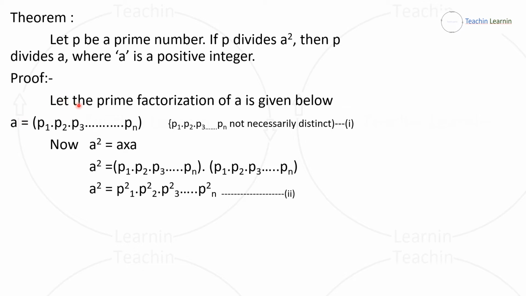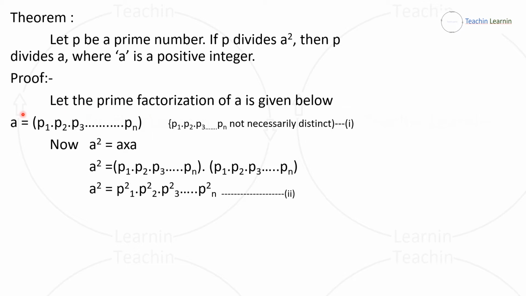To prove the theorem, we suppose that the prime factorization of A is given as A equals P1 into P2 into P3 into P4 up to Pn, where P1, P2, P3 up to Pn are not necessarily distinct, meaning they can be the same or they can be distinct.